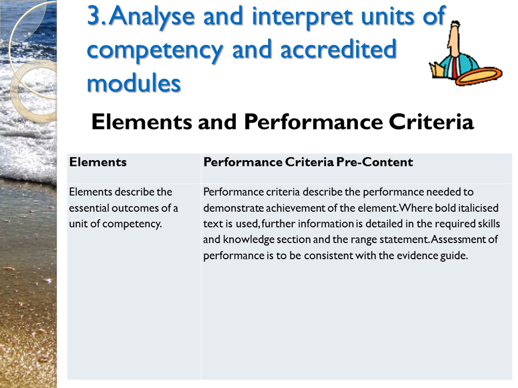The performance criteria for each particular element covers the performance needed to demonstrate achievement of the element, and where bold italicized text is used, further information is detailed in the required skills and knowledge section of the PDF and in the range statement. Assessment performance is to be consistent with the evidence guide, which is also within that download.